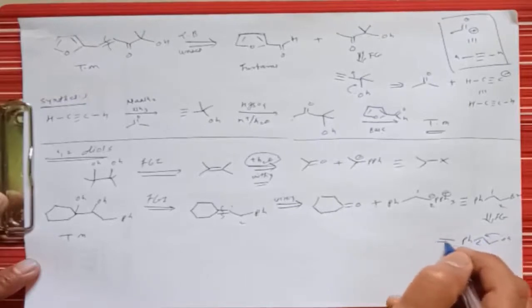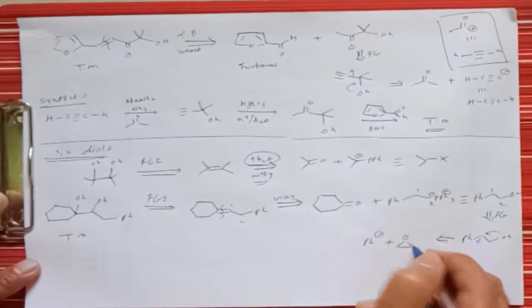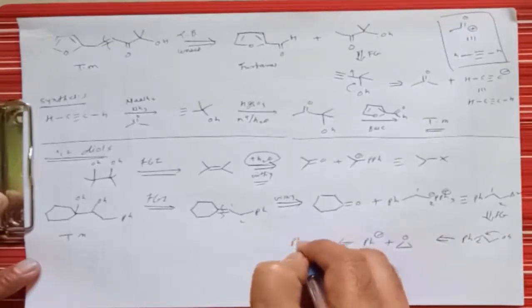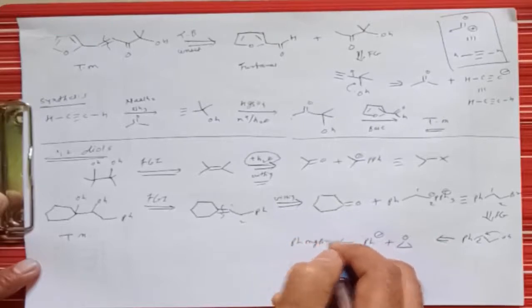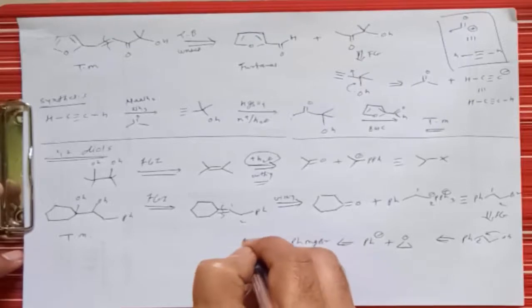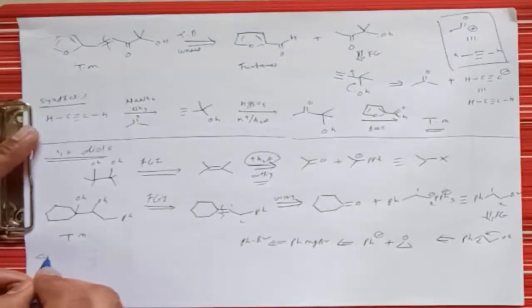Then it gives formation of Ph minus along with the epoxide. Then it can be prepared from phenylmagnesium bromide, and that is easily available from phenyl bromide. So this is a good disconnection for such molecules.